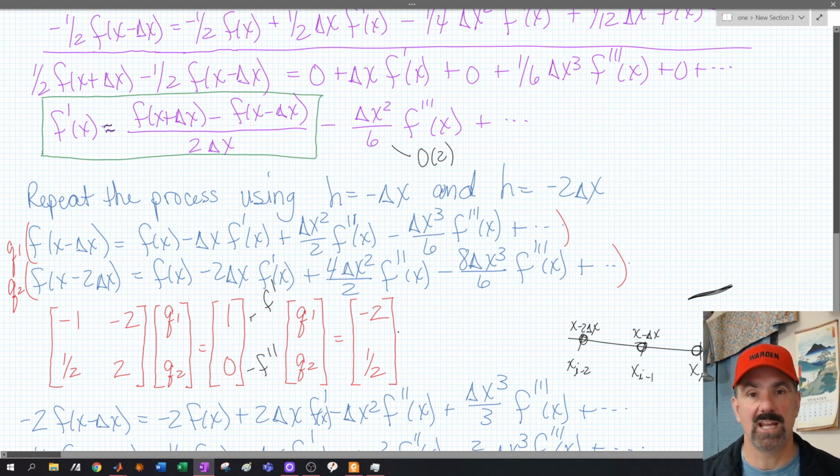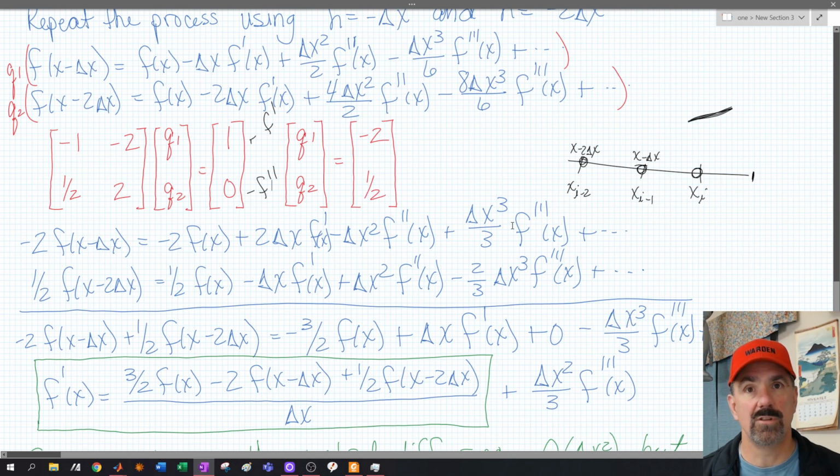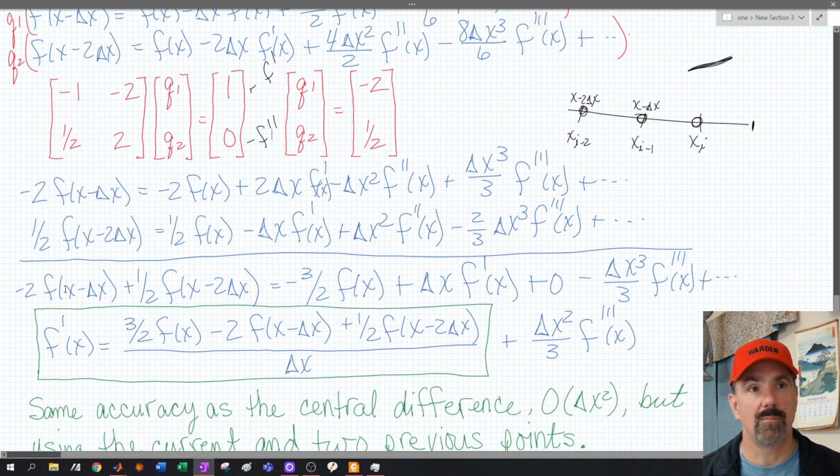Solving, we get a negative 2 and a 1/2. Applying the negative 2 to the first equation and the 1/2 to the second equation, we end up with exactly what we want. However, the f of x terms don't cancel this time, which is fine. We have information about f of x, so we don't care. We get our correct coefficient. We have our delta x here in front of f prime.